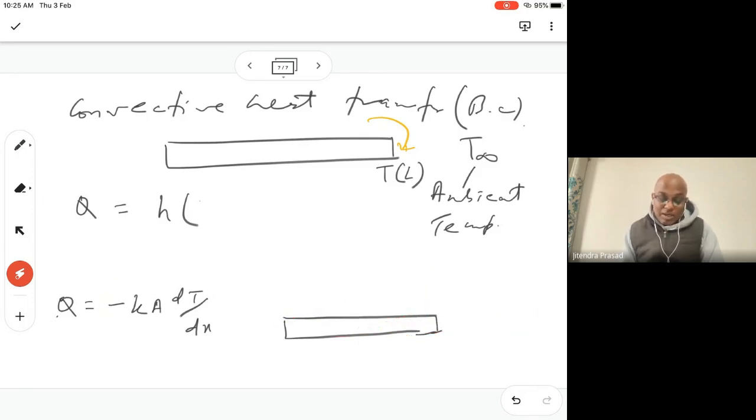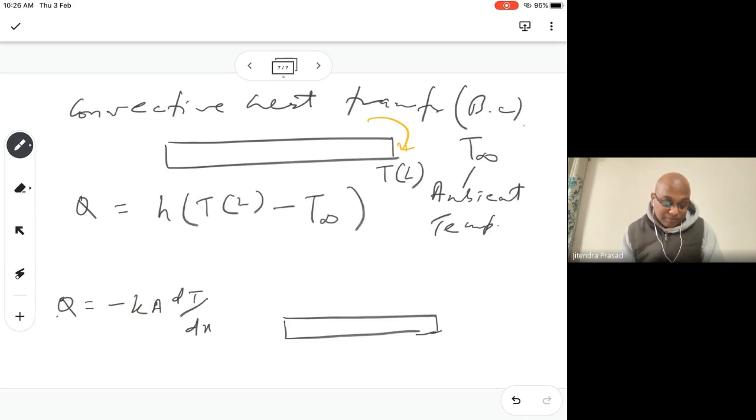Similar thing here, what we want is Q. If you are defining Q, the heat should flow this way, right? And this flows only when TL is higher. So that means TL minus T infinity.